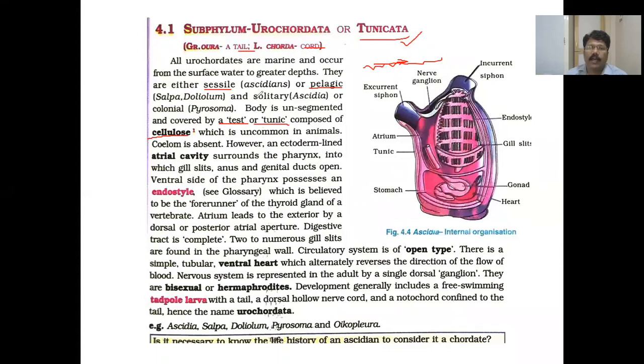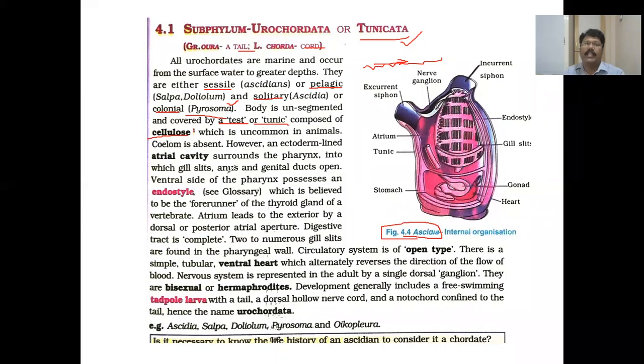Or they are solitary. Solitary means ascidia. So this is a common example of the urochordata known as ascidia. And they are sometimes colonial. Colonial means they live in groups. And the most important colonial urochordate is the pyrosoma.